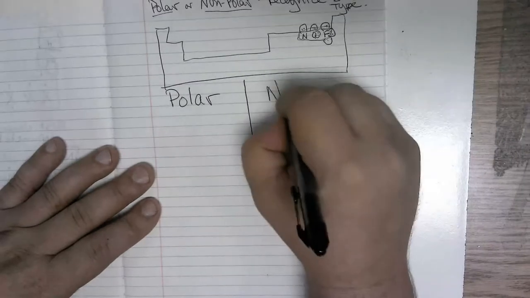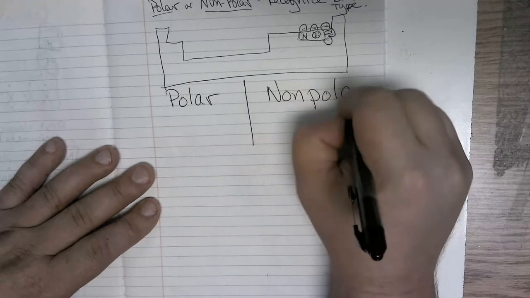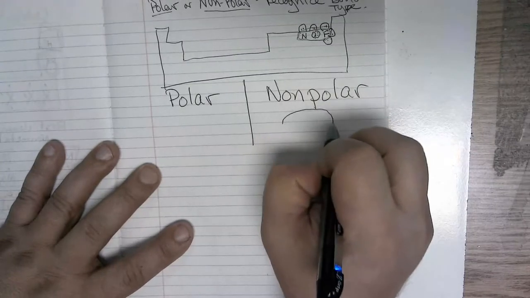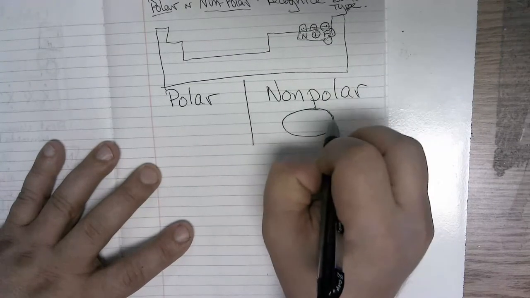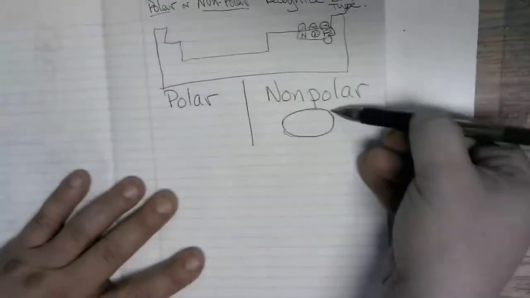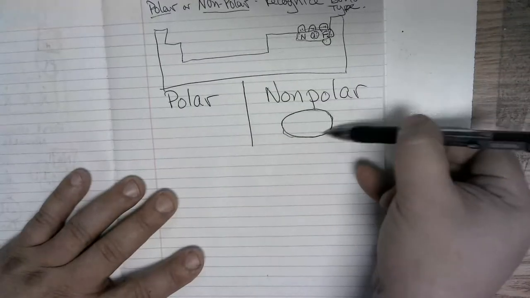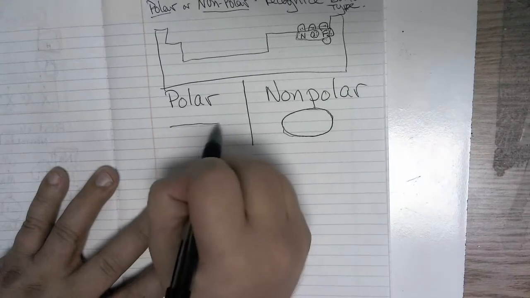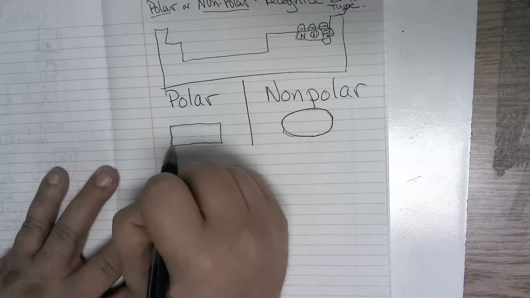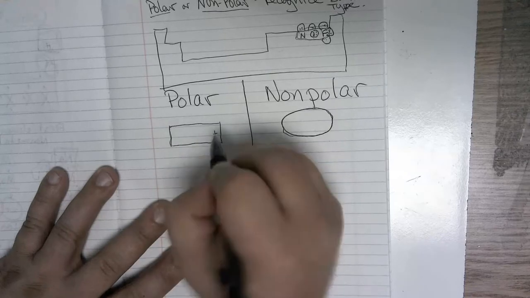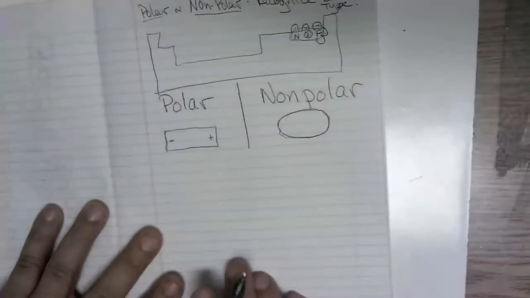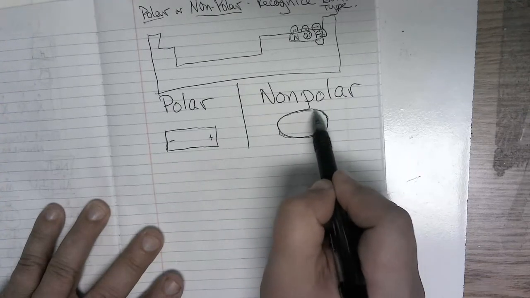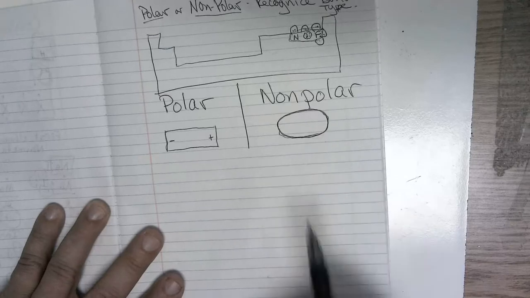So, what does it mean to have polar and nonpolar? Imagine I just had a round balloon, and it was perfectly shaped. There was no difference on one side or the other. And then imagine I had a rod magnet that had a positive side and a negative side. There is no magnetic force on this nonpolar structure.